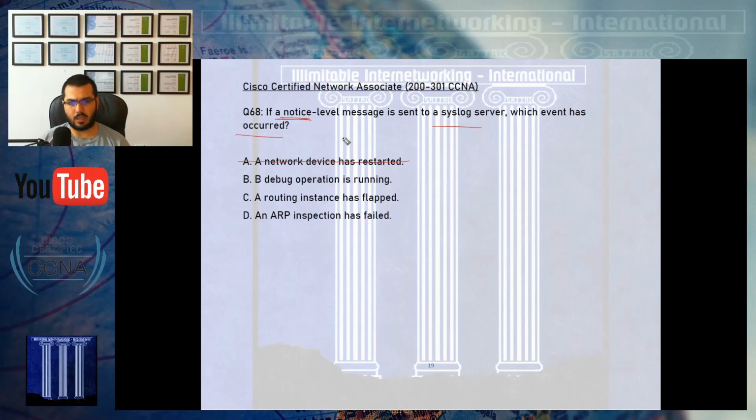A debug operation? A debug is a debug level. Okay. A routing instance has flapped? I'm not sure. An ARP inspection has failed? If an ARP inspection has failed, I think it was like number 5 or 3, or 5. What was it then?